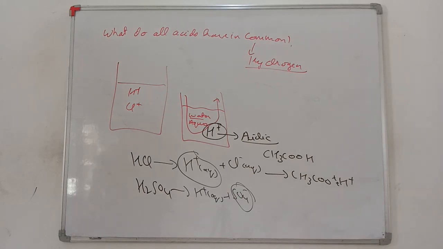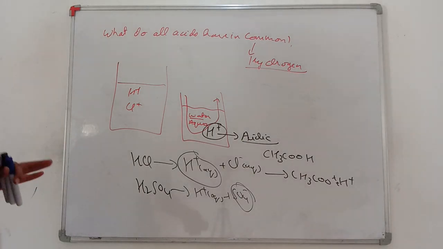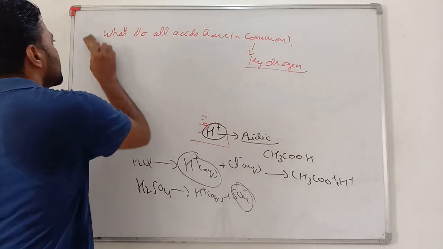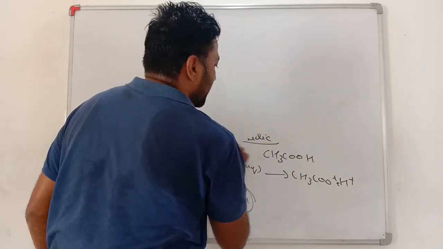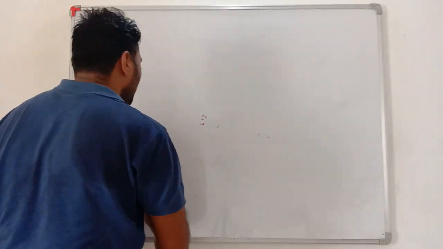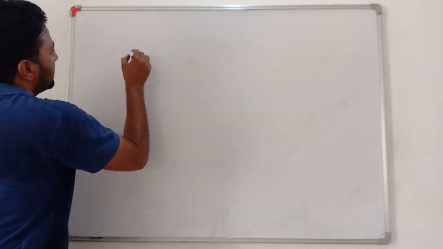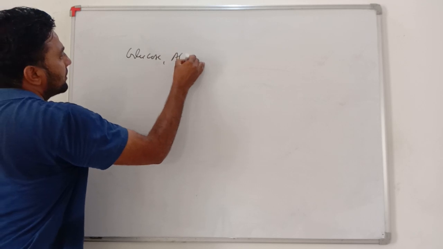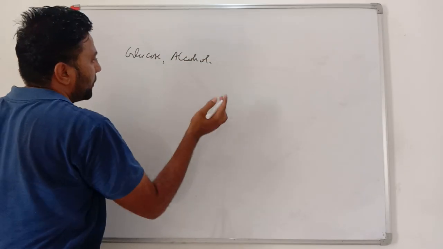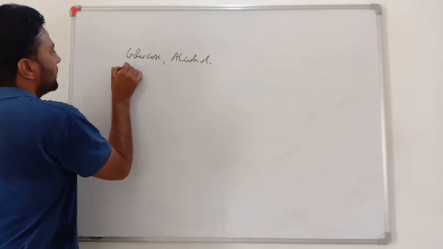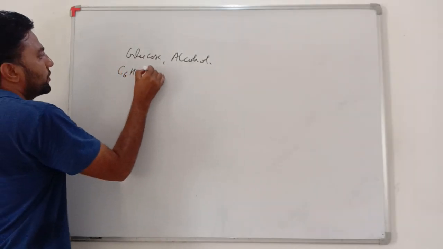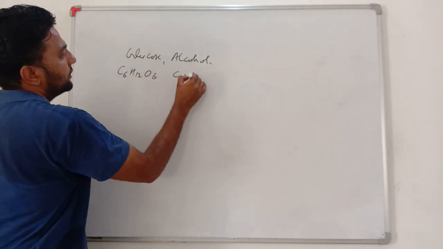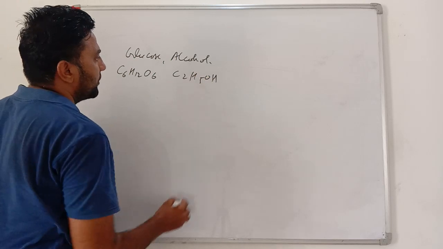Now a very important question arises: do all the materials having hydrogen are acids? The answer is no. Examples are glucose and alcohol, all this stuff has hydrogen. Glucose is C6H12O6, and C2H5OH is alcohol.